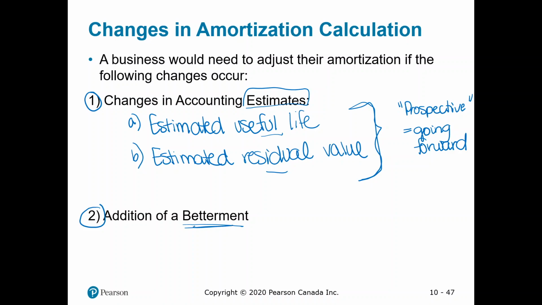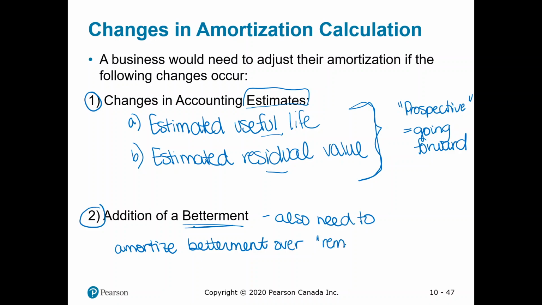So therefore, we need to now amortize the betterment as well, over the remaining useful life now. So if you have this betterment 2 years into the 4-year useful life, well, now you would amortize this over those remaining 2 years.